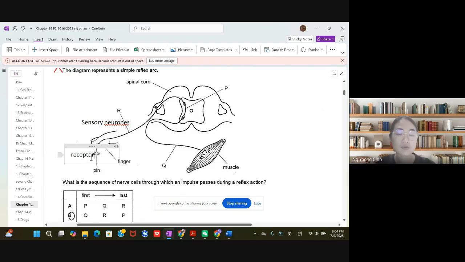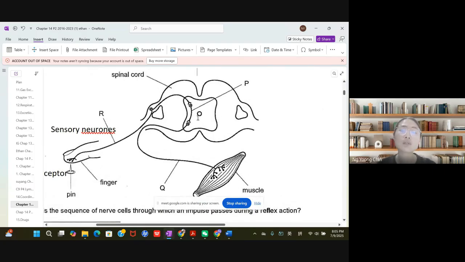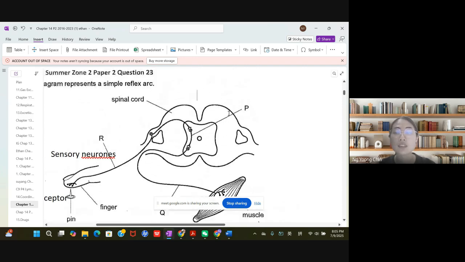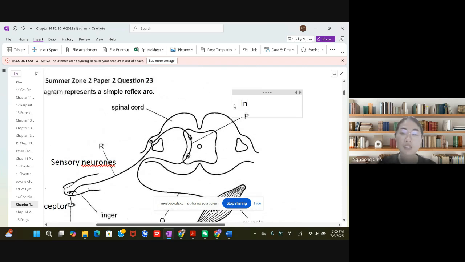From the receptor to the neuron, and then it branches into the spinal cord. This butterfly-like thing is the spinal cord. Within the spinal cord, you have this one, P, a very short neuron. These short neurons, located inside the spinal cord, are referred to as interneurons.